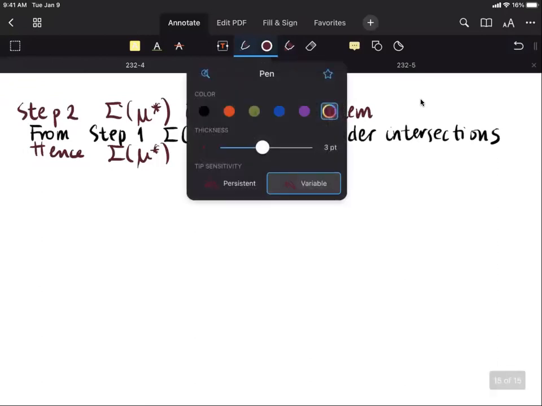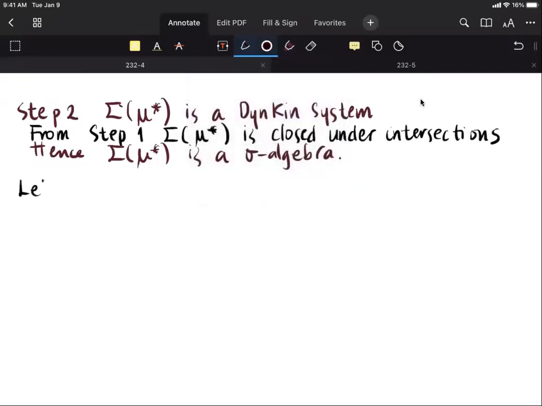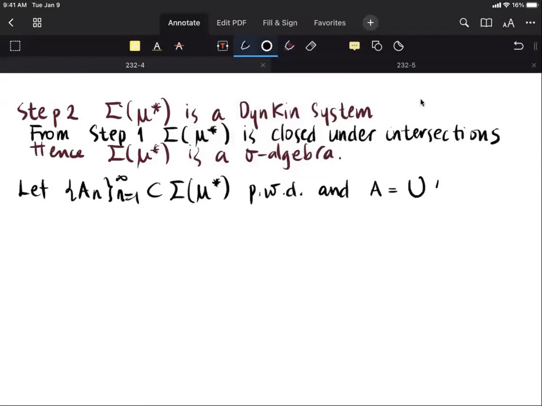So to do that, let's start with a pairwise disjoint collection of measurable sets, say A sub n, and let us denote the union by A.